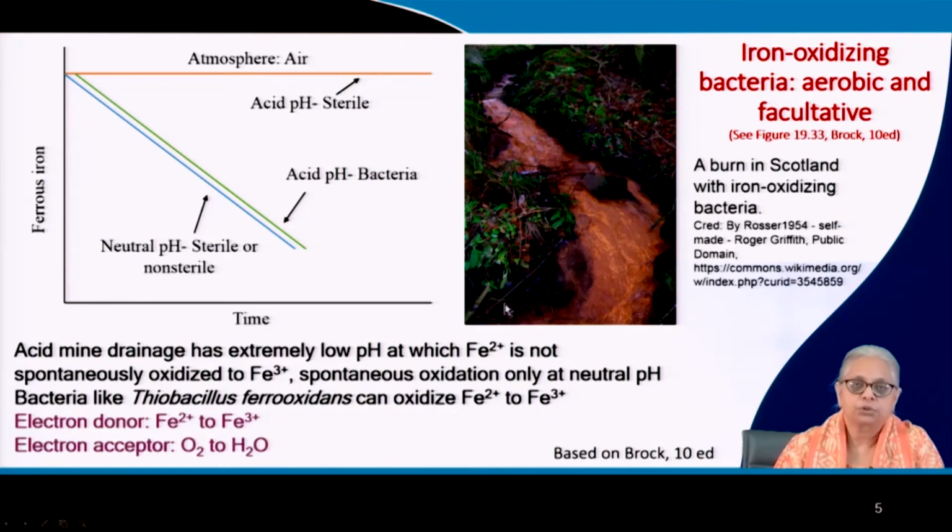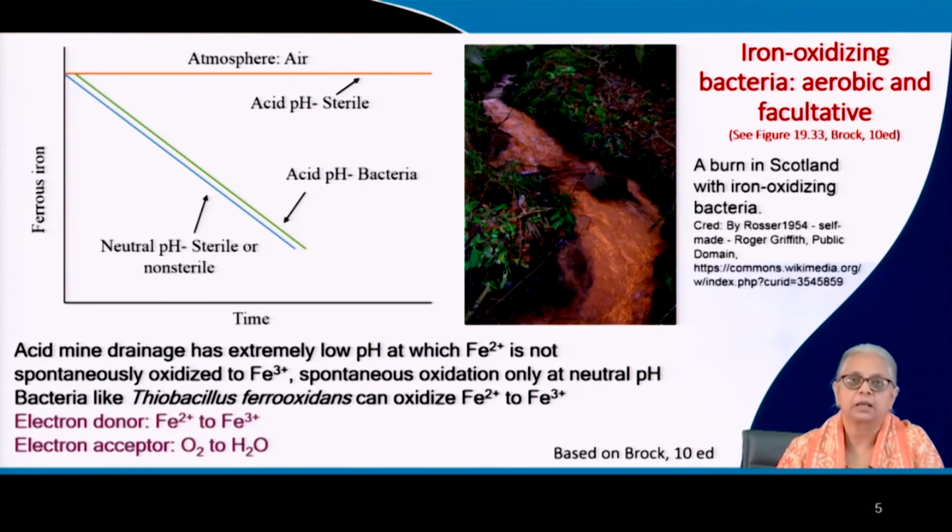So this graphic shows us a conceptual way of showing that the oxidation of ferrous iron to ferric iron is spontaneous only under neutral conditions. So you can see these two lines which show the decreasing ferrous iron concentration under neutral pH, whether the bacteria are present or not present, it doesn't matter.